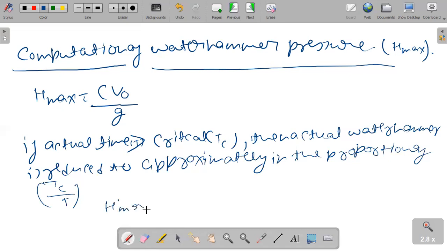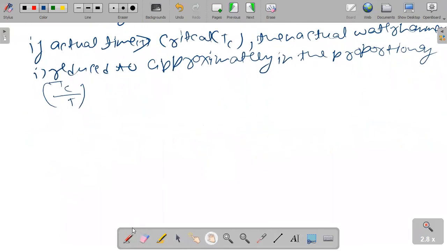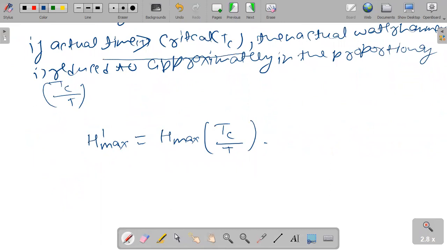H dash max = H max × Tc/T. This is when the actual time is greater than the critical time.